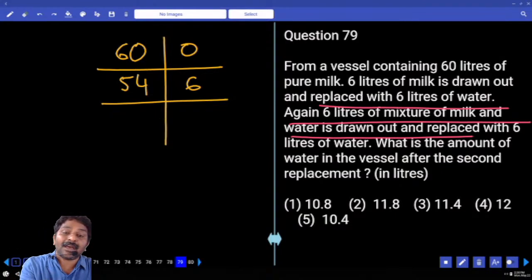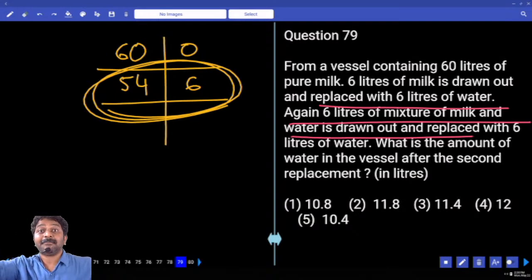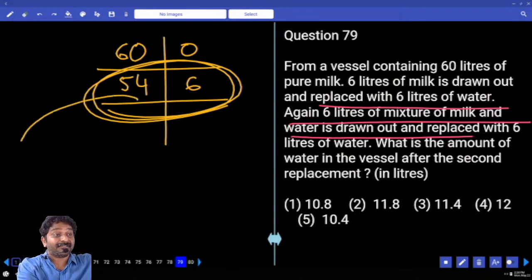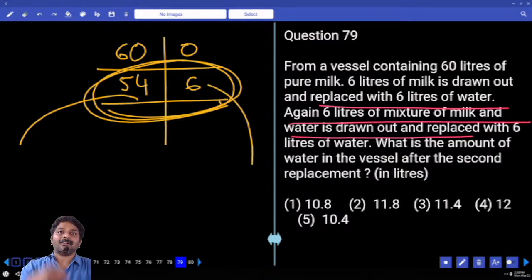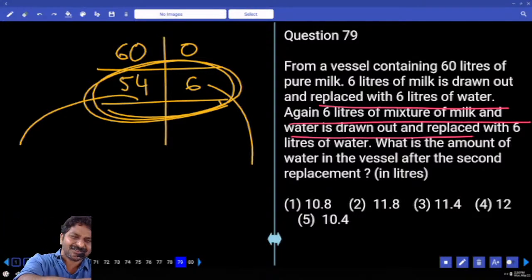So overall we have total 60 liters. From that 6 liters is going out. That means 10% is going out. 10% of total is going out, in the sense 10% of milk is going out. How much is that? 5.4. 10% of water is going out. Both together 6 liters only. Satisfied? It's quite a simple one.